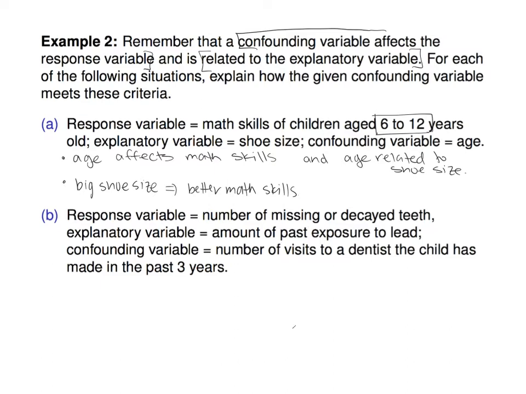So it probably will be the case that exposure to lead will look like an increase of missing teeth. But a confounding variable will be the number of visits to the dentist the child has in 8 years.